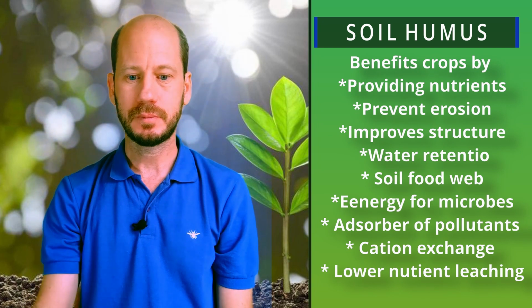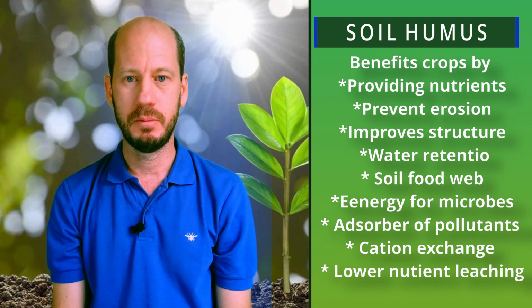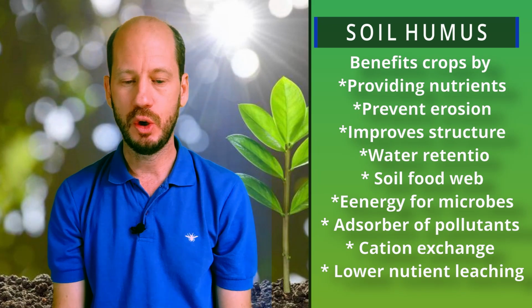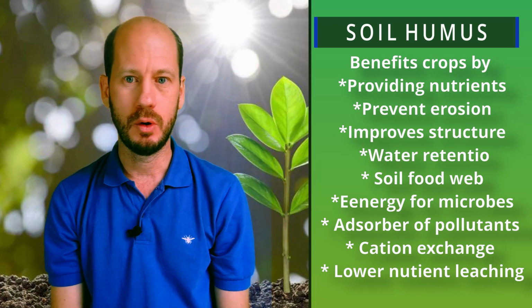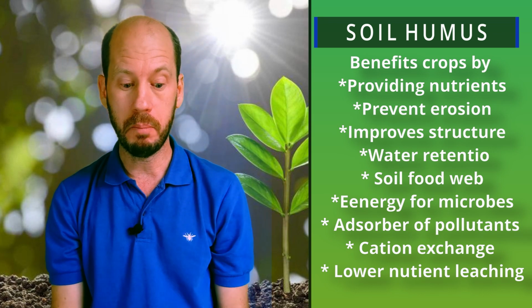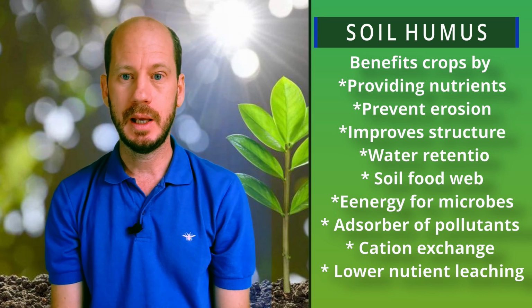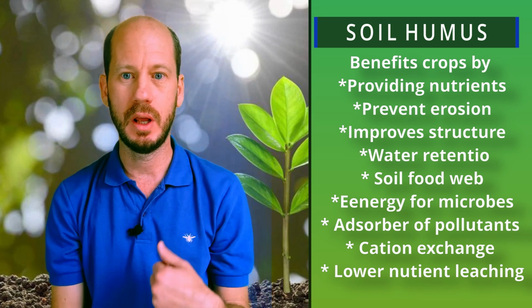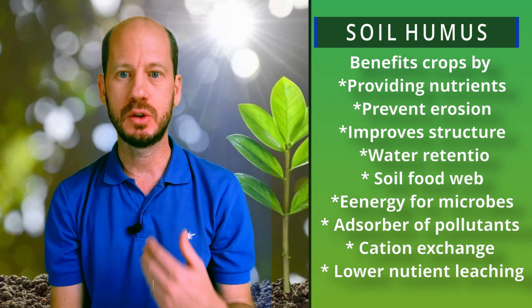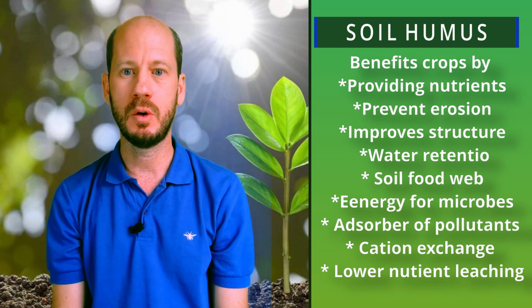Other benefits from the humus and soil organic matter: when you add fresh organic matter or compost, these organic matters are decomposed in the soil, and as they are decomposed, they release minerals. So they act as a source of fertilizer, a slow release of nutrients to the soil.